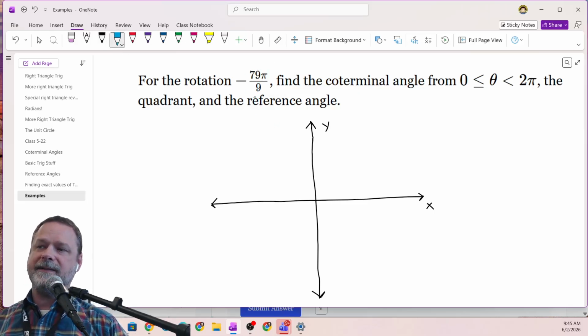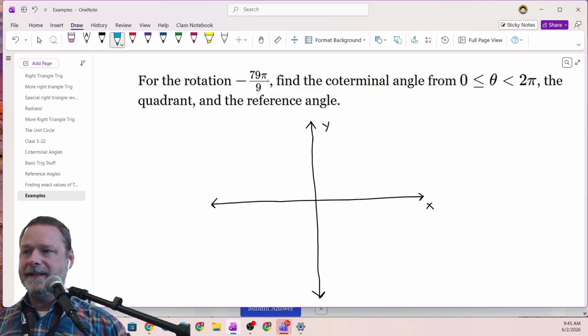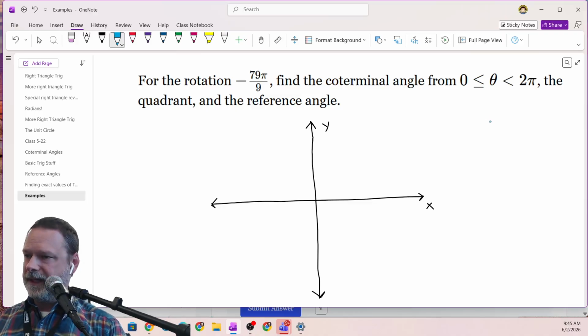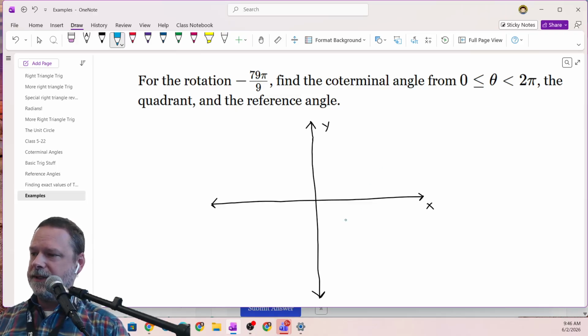Now I got negative 79 pi over 9. Well, shoot. How many times around is that? How many 2 pi's are in 79 over 9 pi? Because every 2 pi we go around again, and again, and again.